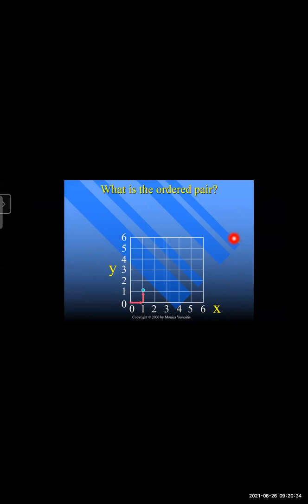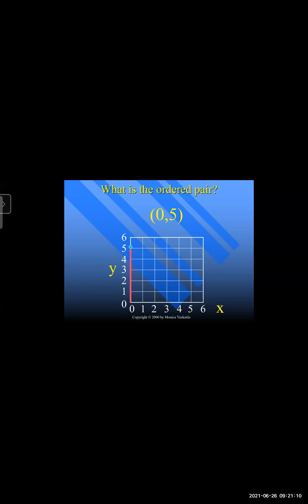Now second, what is the ordered pair? One is here, one is here. It's simple, so we write 1, 1. Next, 0, 5. So the x coordinate is 0 and the y coordinate is 5. We plot this ordered pair on the y-axis. Why? Because the x coordinate is 0.